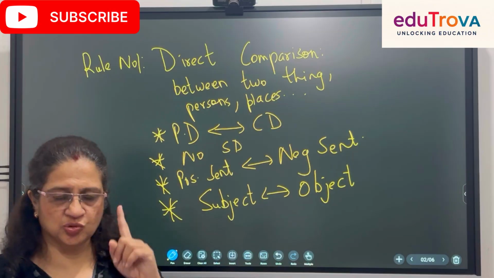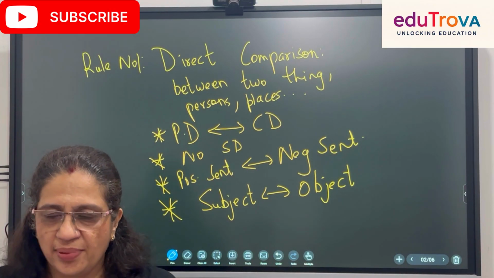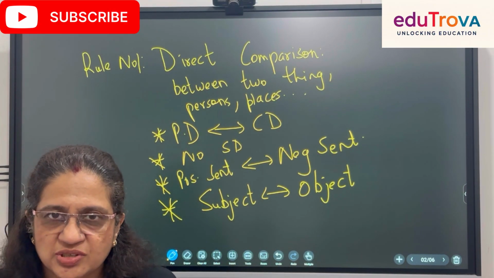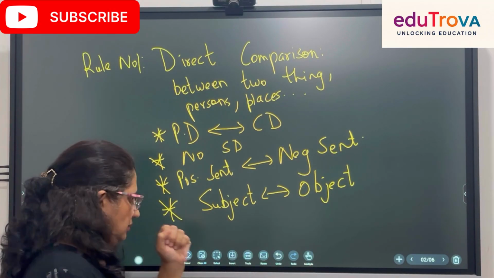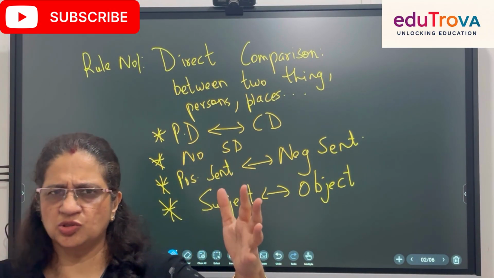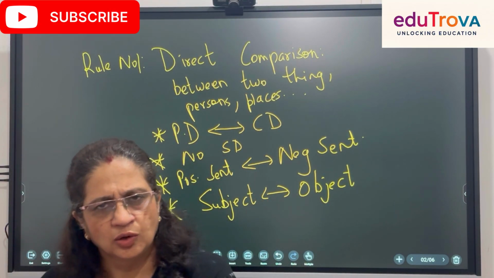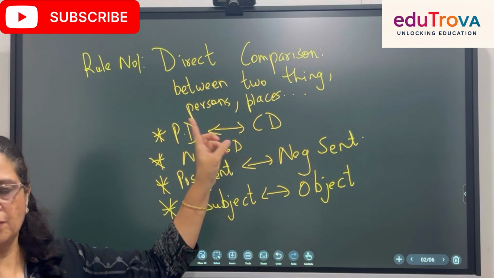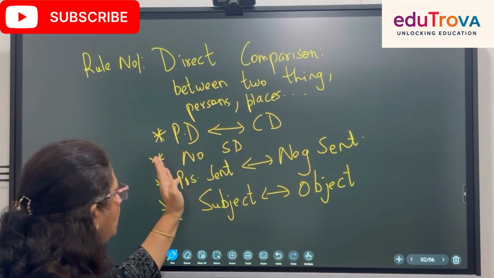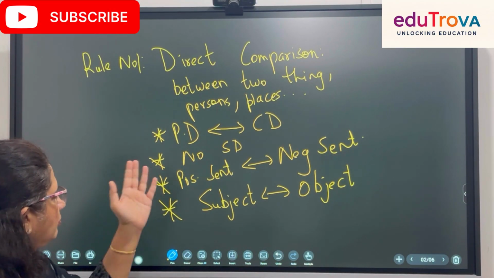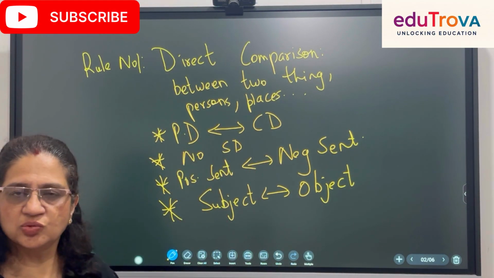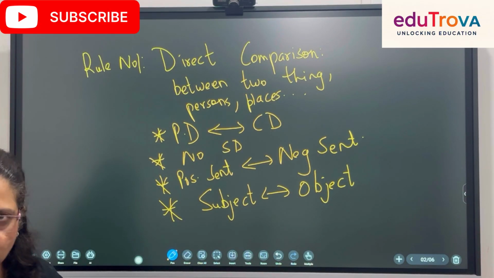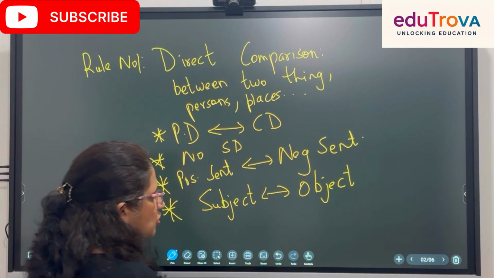So in the first rule, we will have direct comparison, where I am comparing two things, two places, two names, two people, two animals. Positive degree will change to comparative to positive. No superlative degree. Positive sentence will change to negative sentence will change to positive, subject will change to object.